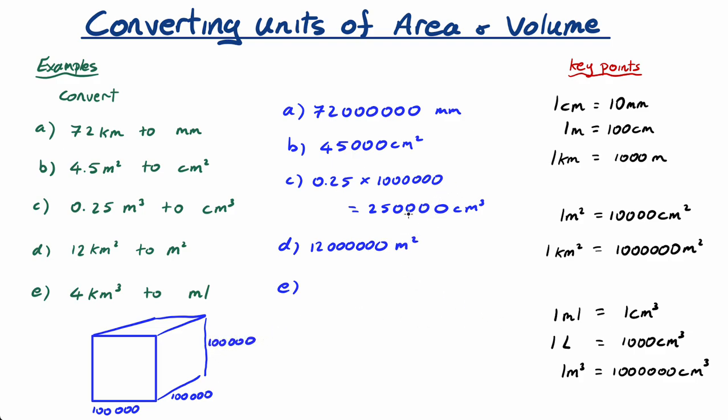So 1 kilometer cubed, and this is how I figure it out, guys, without knowing all these rules, is equal to this times this times this. If I multiply 100,000 by 100,000 by 100,000, I'm going to get my 5 zeros 3 times.